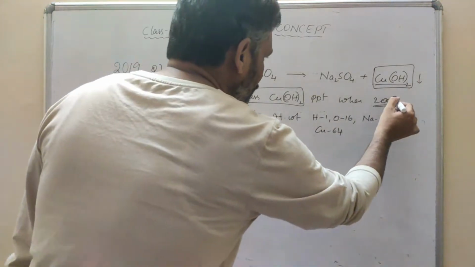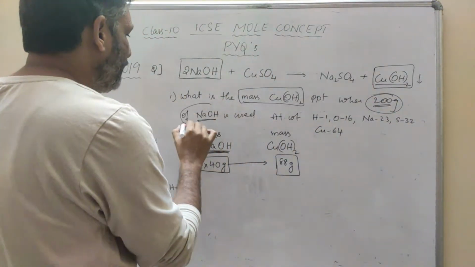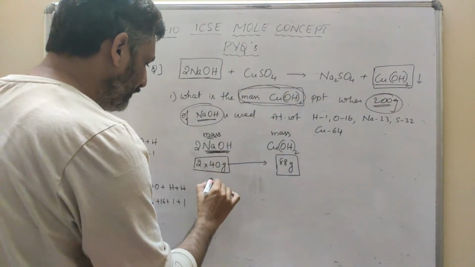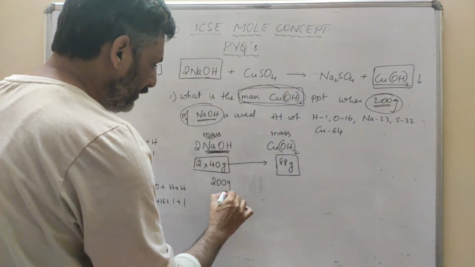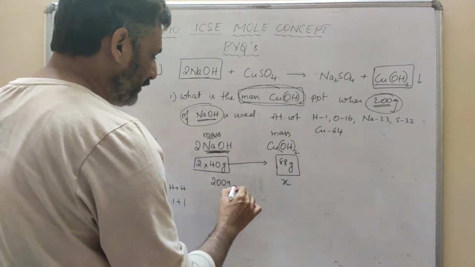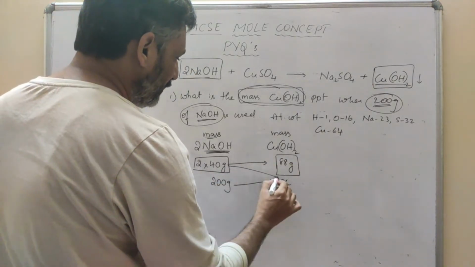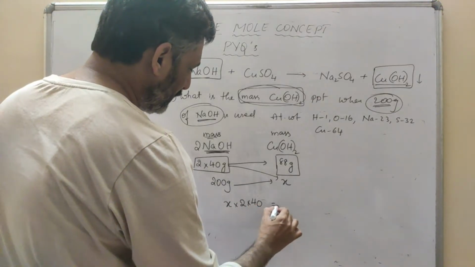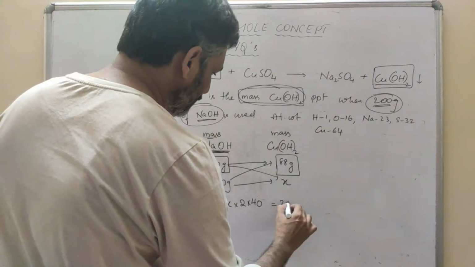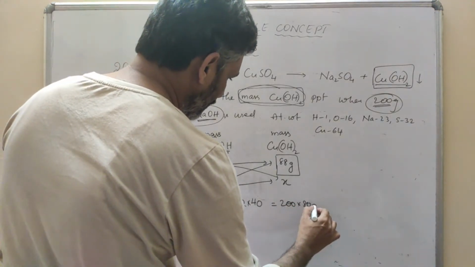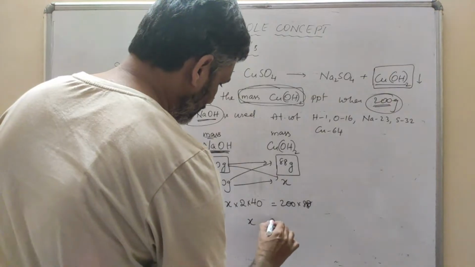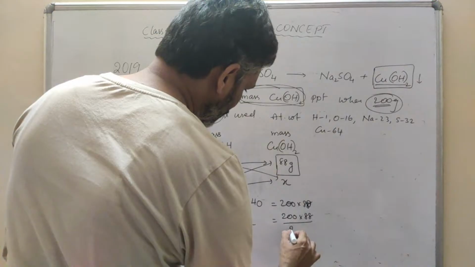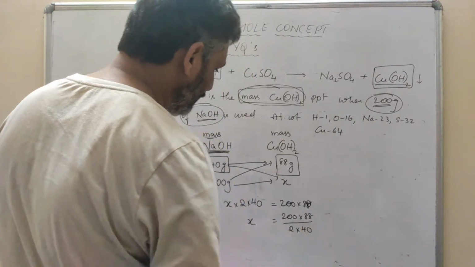Now, if you take 200 grams of sodium hydroxide, then what is the mass of copper hydroxide? So cross multiply. x into 2 into 40 is equal to 200 into 88. So x is equal to 200 into 88 divided by 2 into 40.